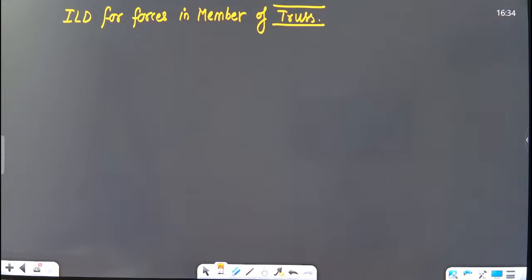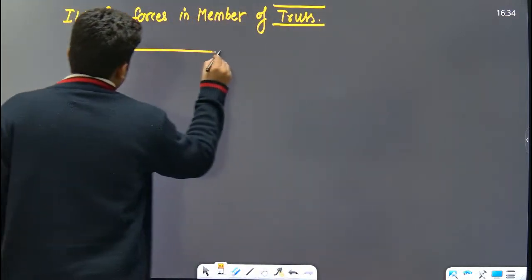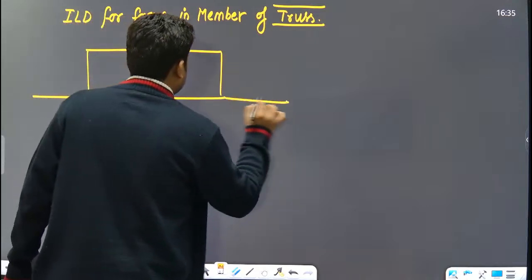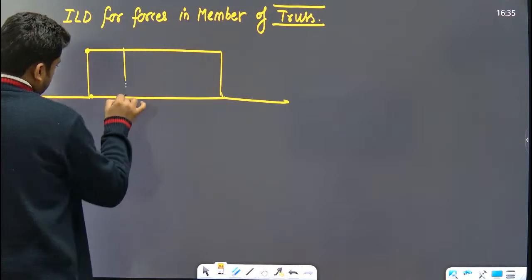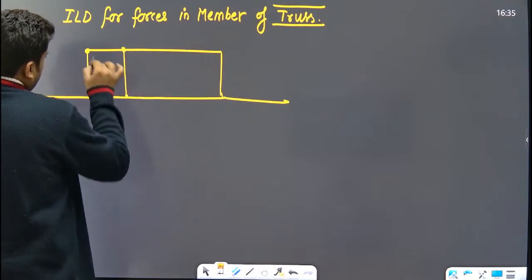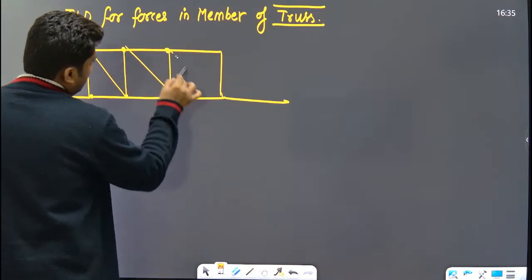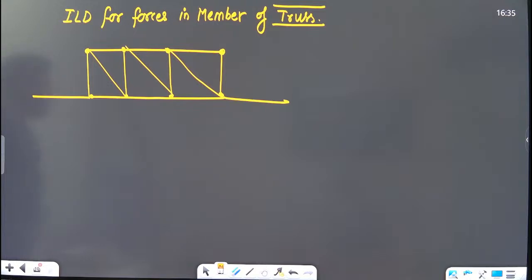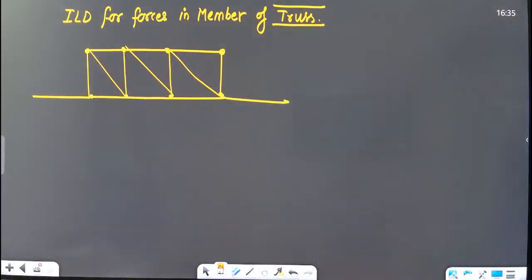Now, when we draw a truss, let us suppose I draw a truss like this. This is only one part of the truss.